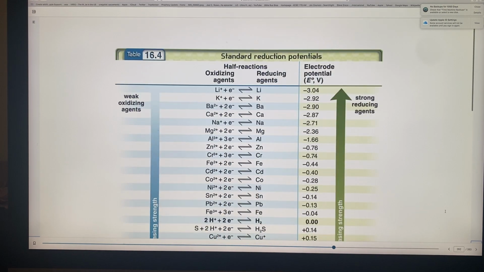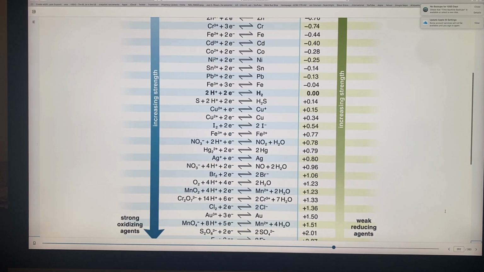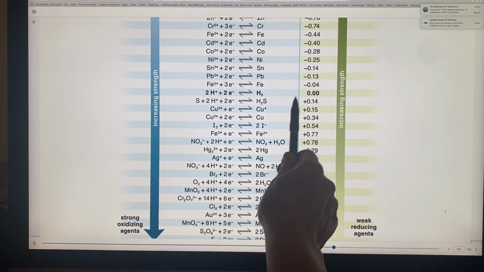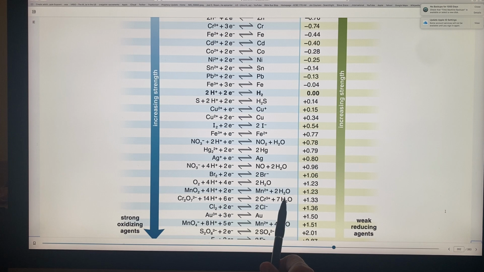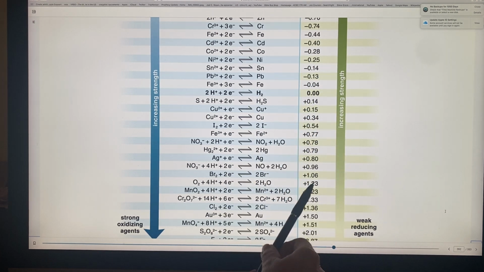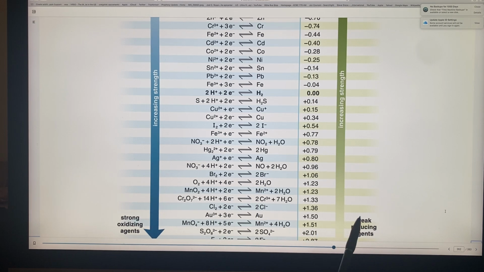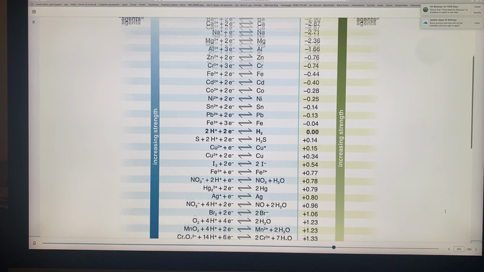This is just finding out how active they are, and they measure it by using hydrogen as the middle of the road and comparing to it, because hydrogen would be 0. This is the increasing strength for the reducing agents, and this is the increasing strength for the oxidizing agents.